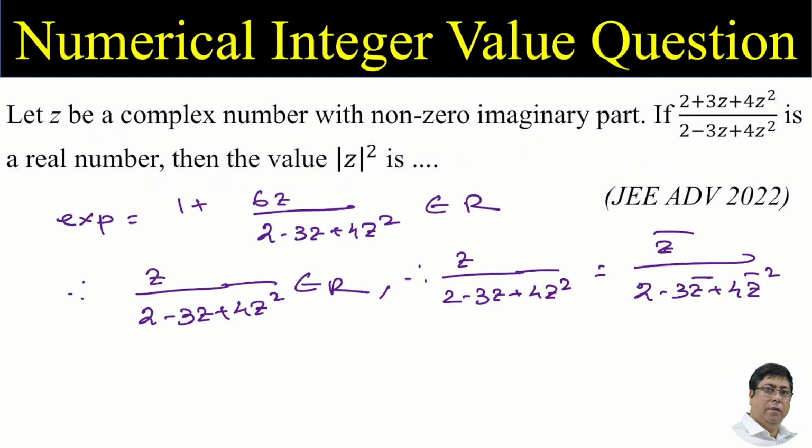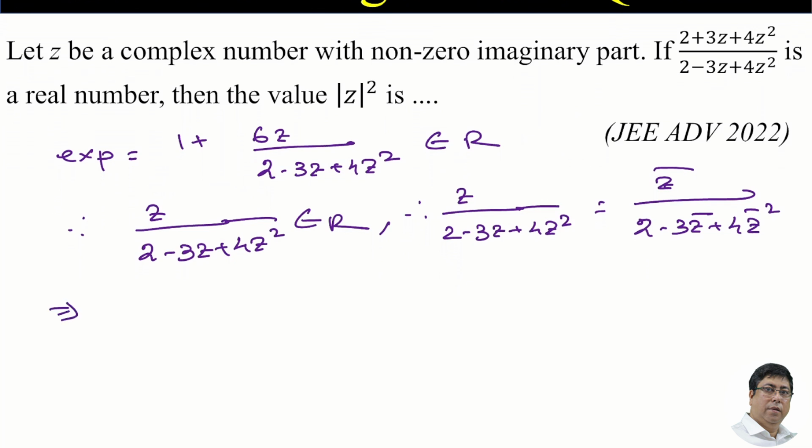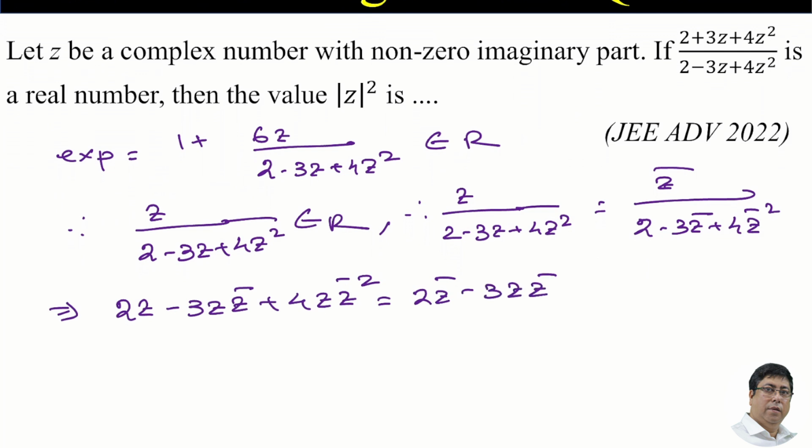If we cross multiply, we get 2z minus 3z z bar plus 4z bar z square. No, sorry, it is 4z z bar square, equal to, on the right hand side, 2z bar minus 3z z bar plus 4z square z bar.